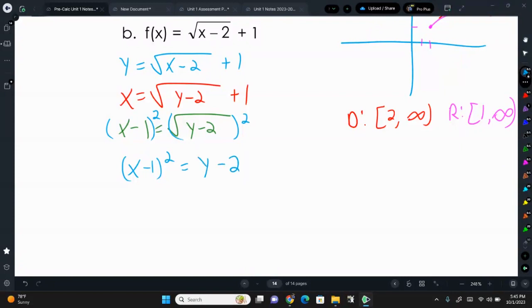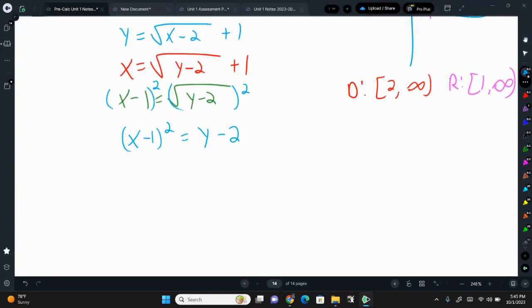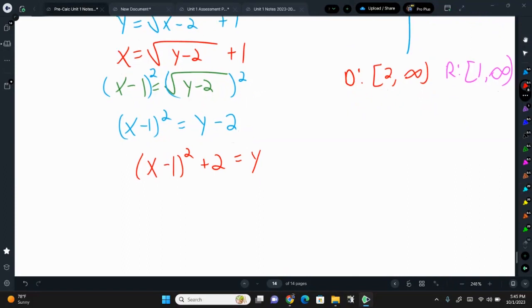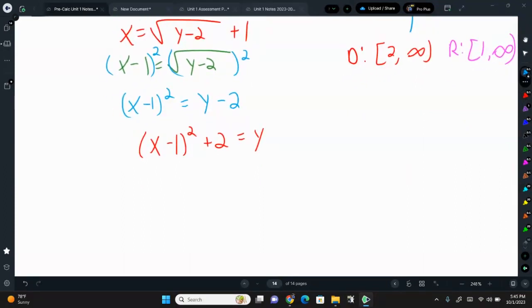Now we don't need to multiply out x minus 1 squared. There's nothing in the problem to suggest that we need to. So then we add 2 to both sides, we get x minus 1 squared plus 2 equals y. All right, y is by itself. So then we have the inverse of f of x is equal to x minus 1 squared plus 2.